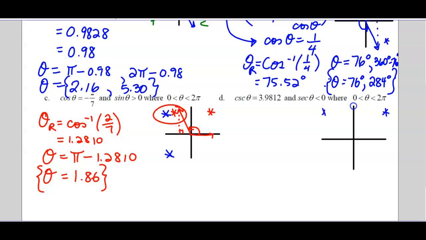In the first and the second. Secant is the reciprocal of cos. Where is cos less than 0? That means negative. Cos is negative in the, I'll just use color, in the second and the third. So where do they overlap? In the second quadrant again.